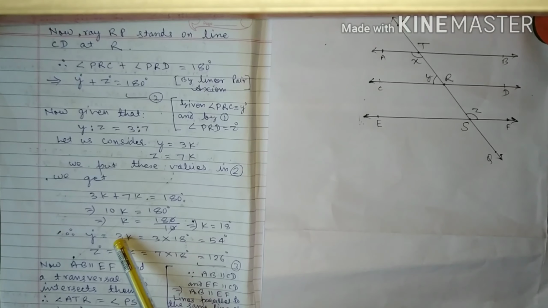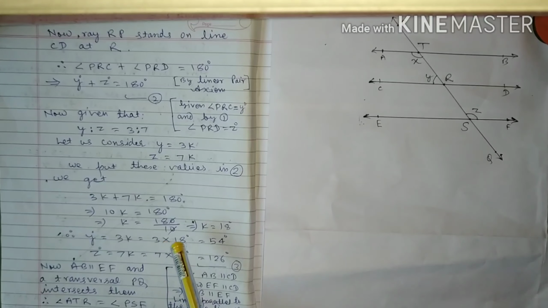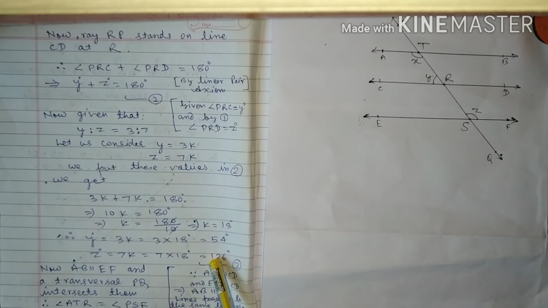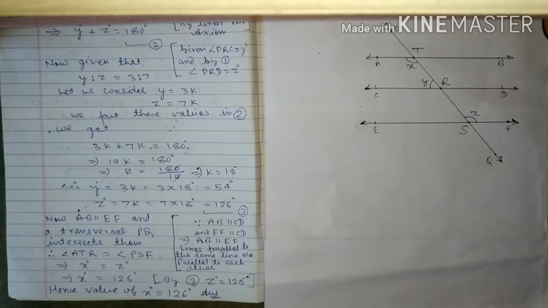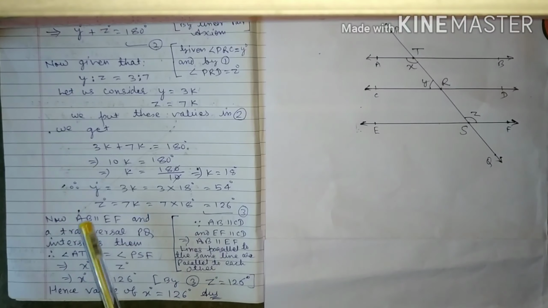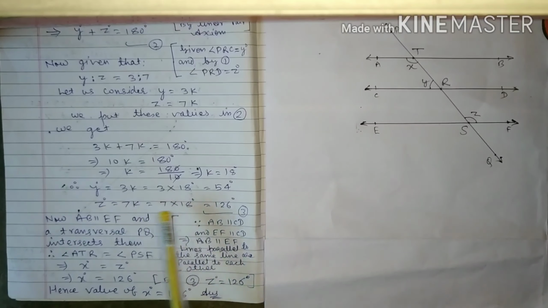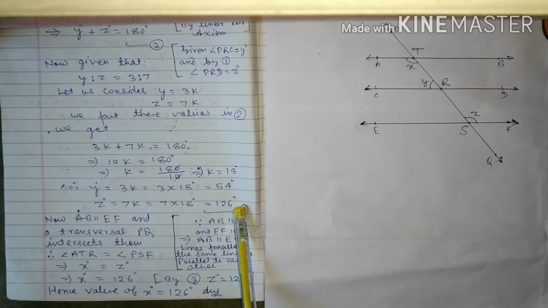Therefore, y is equal to 3k equals 3 into 18, which is 54 degrees, and z is equal to 7k, 7 into 18, 126 degrees. Here we get the value of y is 54 degrees and the value of z is 126 degrees. We consider z is equal to 126 degrees, equation 3.